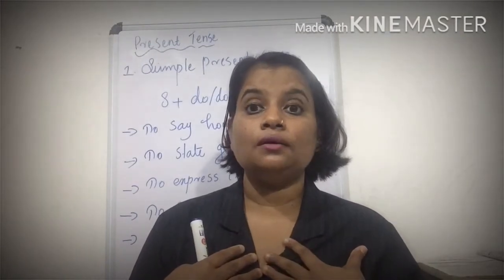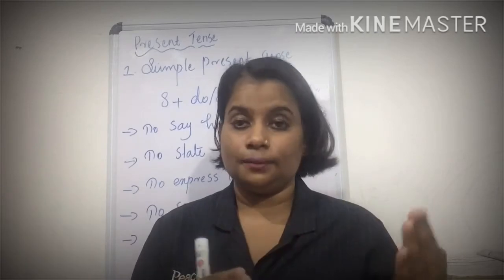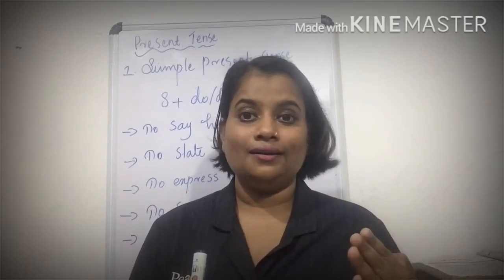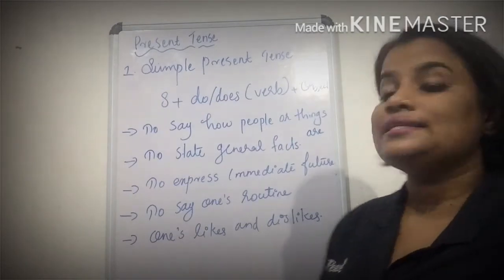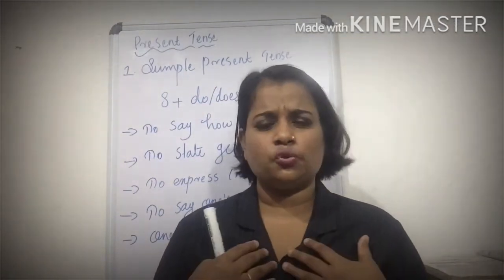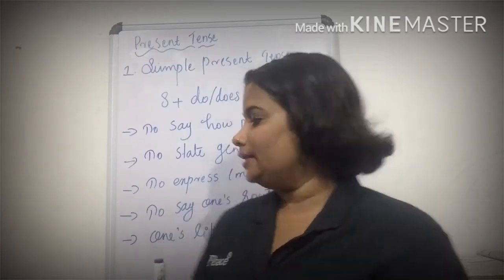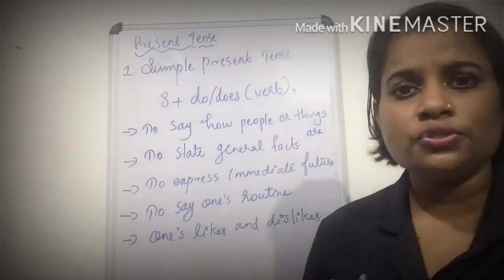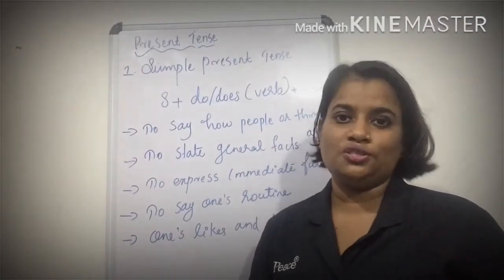I wake up early in the morning. Okay, so I hope you understand. Then one's likes and dislikes. That we already discussed. I like chocolates and she likes chocolates. The next one is we can use simple present tense in proverbs and quotations also.